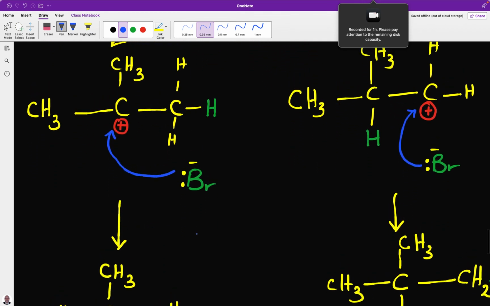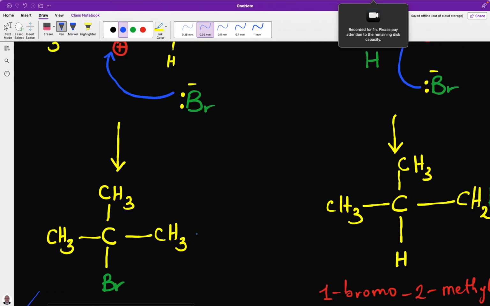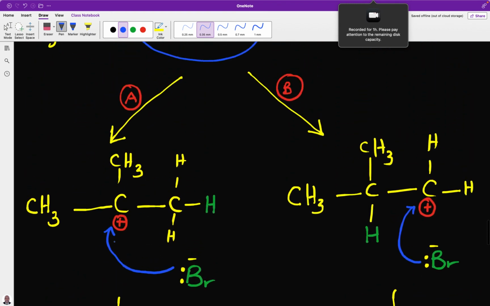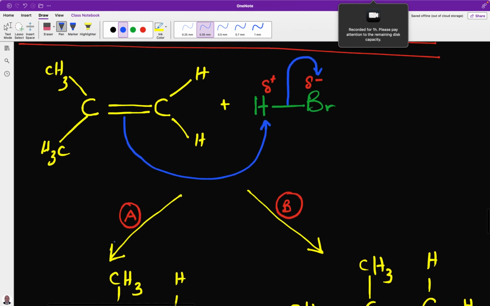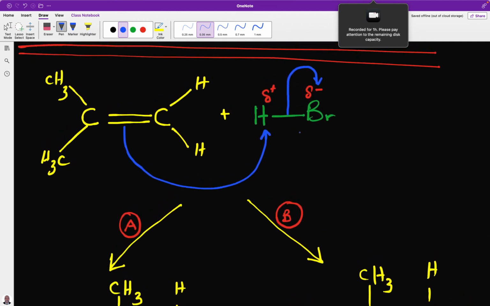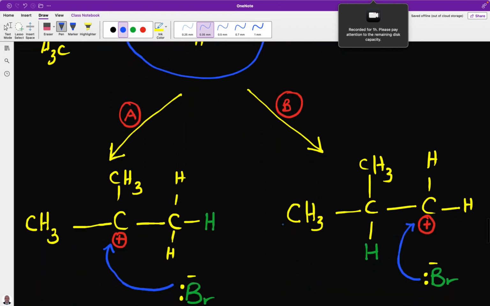You see what is happening? It is formed from what? From a tertiary carbocation. On the other hand, if hydrogen attaches itself here, B is formed, and what happened?